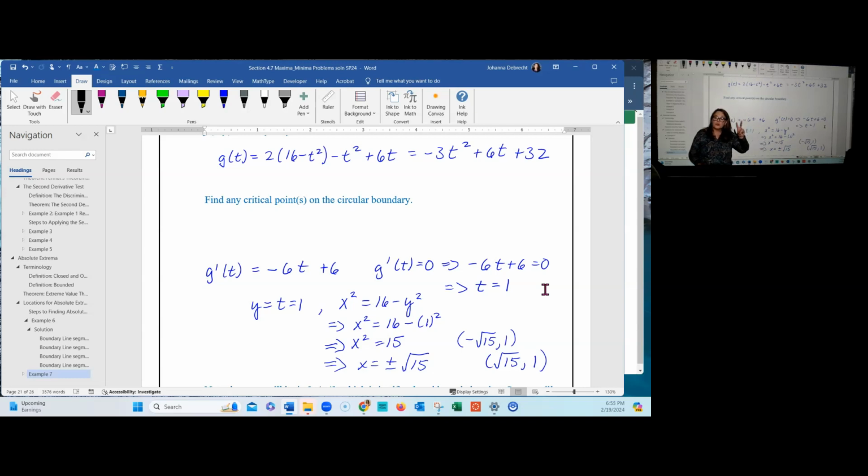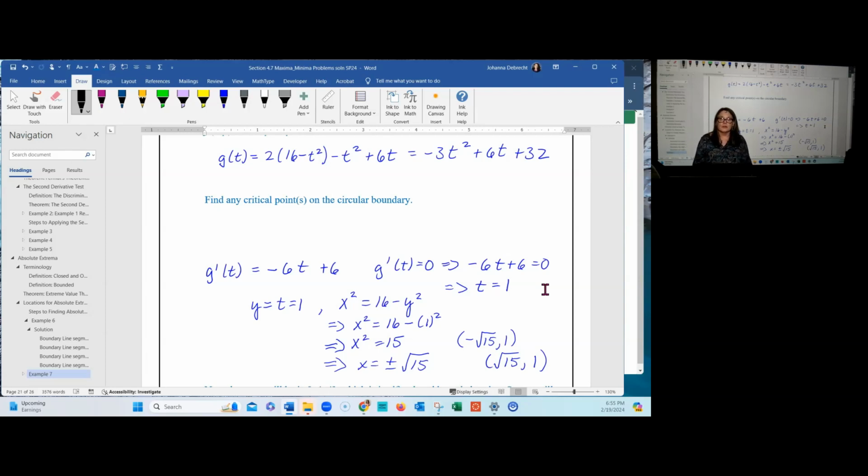That gives me two values for x for the same value of y equal 1, plus or minus the square root of 15. This gives me two critical points along the boundary, (negative square root of 15, 1) and (square root of 15, 1). But remember that when we're on that circle, we set y to be t.